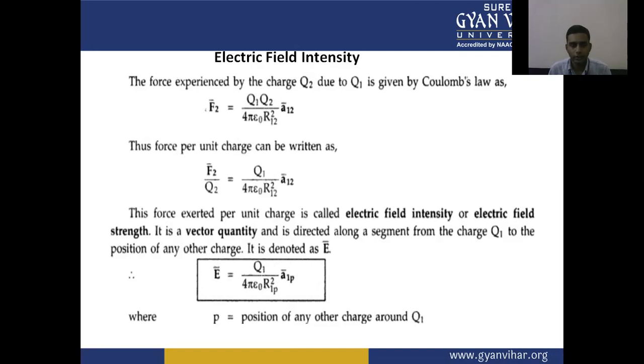It is a vector quantity directed along a segment from the charge Q1 to the position of any other charge, and it is denoted as E equal to Q1 upon 4 pi epsilon naught R1P squared A1P, where P is the position of any other charge around Q1. So this is the definition of electric field intensity in electromagnetic field theory, based on Coulomb's law.